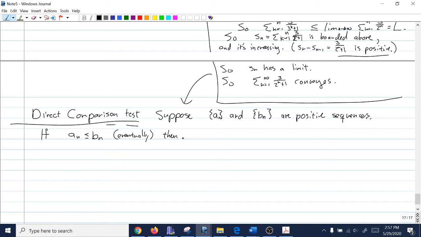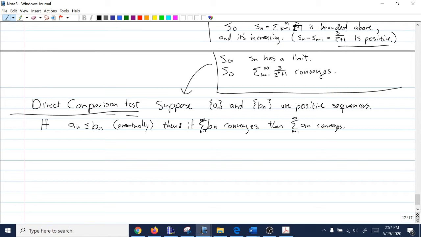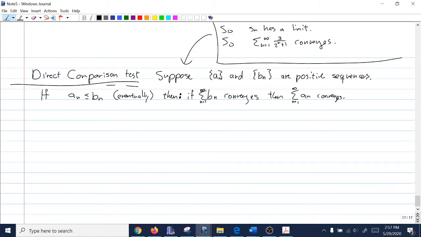Then if the sum of BN converges, then the sum of AN converges. If the sum of BN is finite, and AN is less than it, then the sum of AN is finite. If you're less than finite, you must be finite.